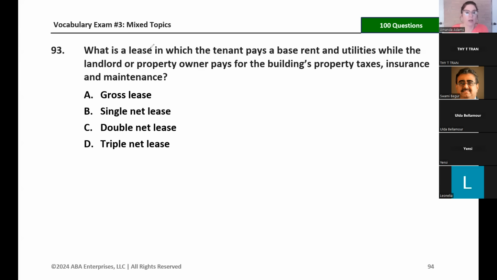What is a lease in which the tenant pays a base rent and utilities, while the landlord pays the property's taxes, insurance, and maintenance? So our tenant is only paying base rent and utilities. That's a gross lease.